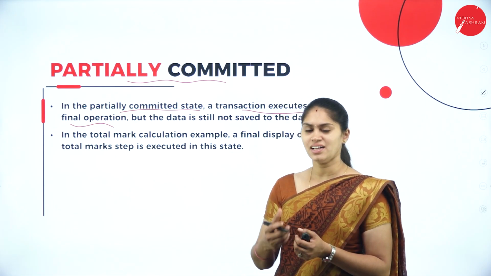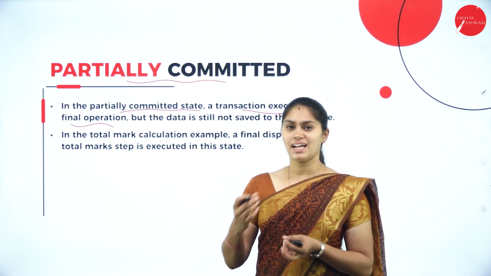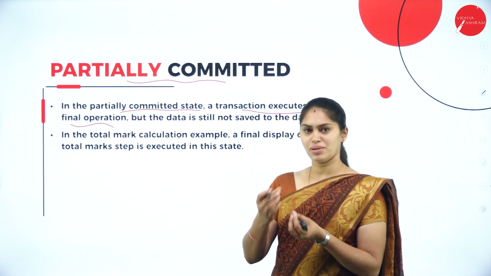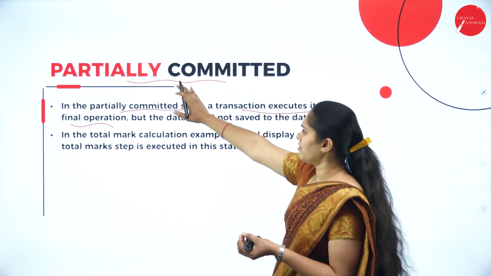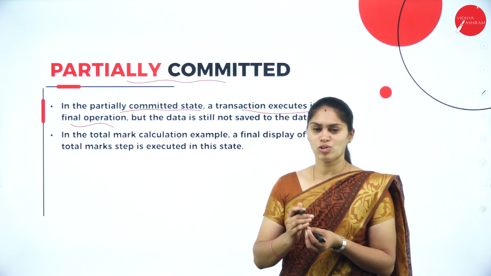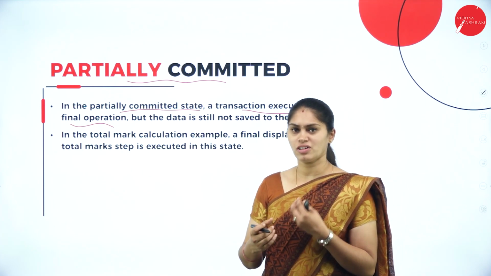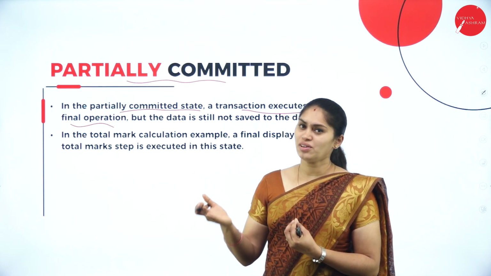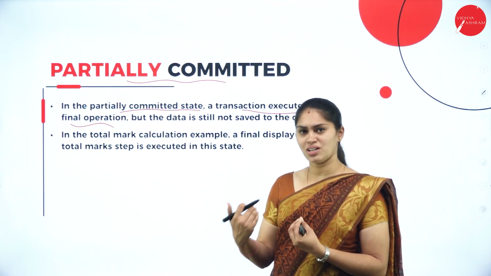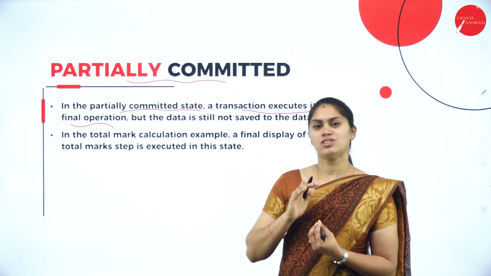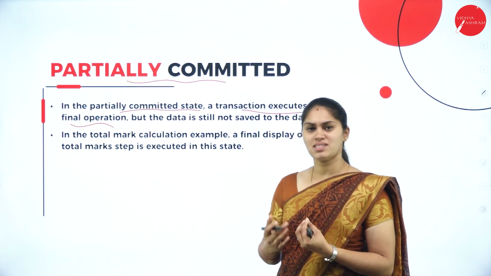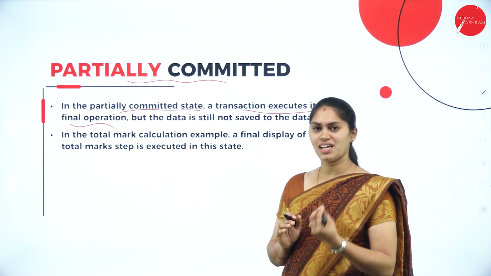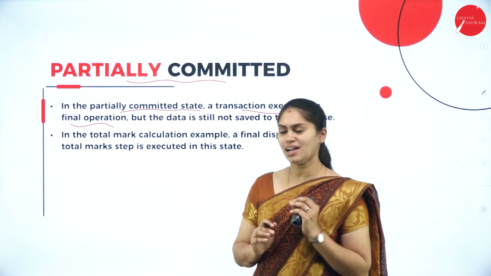After that, whenever you click send, everything before the send option we call partially committed. I don't know, when I send that amount, whether it is going to fail, whether there may be insufficient balance, or it may not reach the recipient. Sometimes the server will be down. That is the reason it is in the partially committed state.